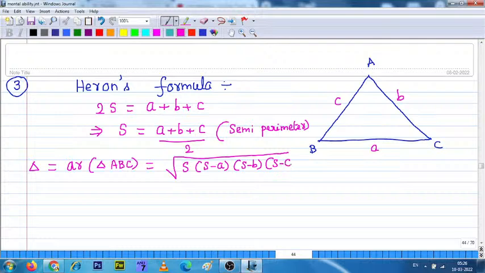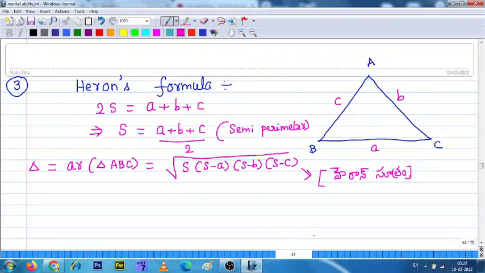This formula is called Heron's formula. దీన్నే Heron సూత్రము అంటారు. So the area of the triangle can be evaluated using Heron's formula.